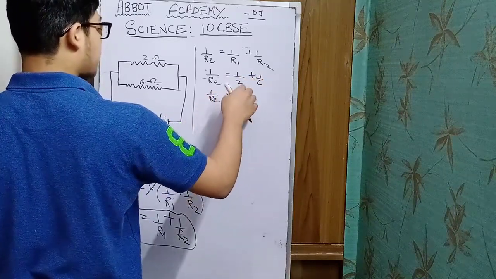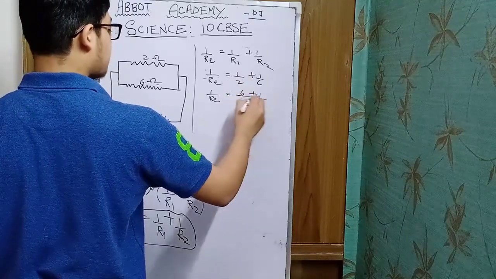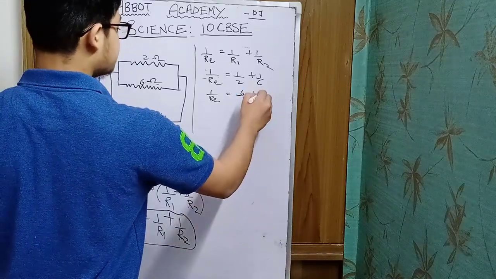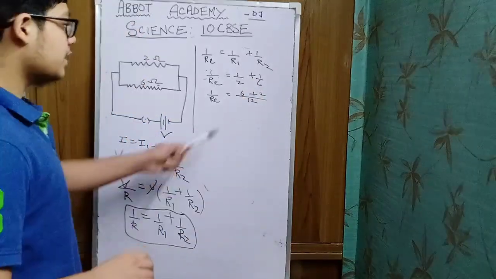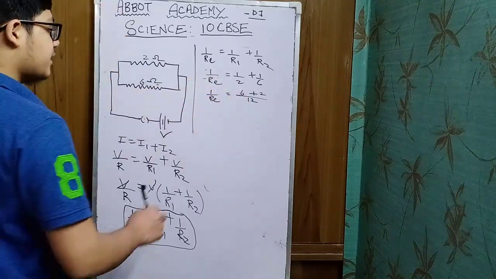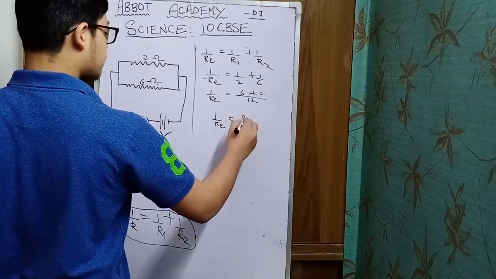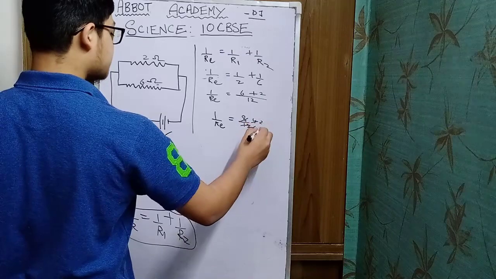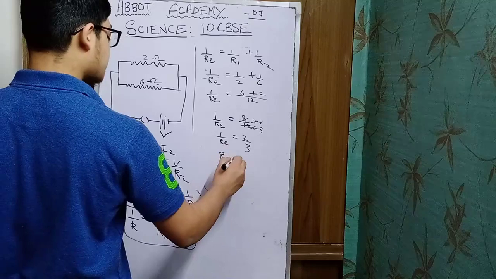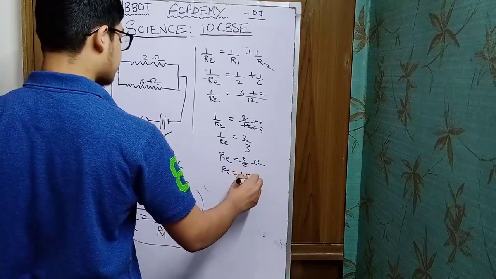Taking the LCM we get 12, so it becomes 6 plus 2 by 12, and then we simply add them. It results in 8 by 12, which reduces to 2 by 3. So 1 by Re is equal to 2 by 3. Now Re will be 3 by 2 ohm, or simply 1.5 ohm.